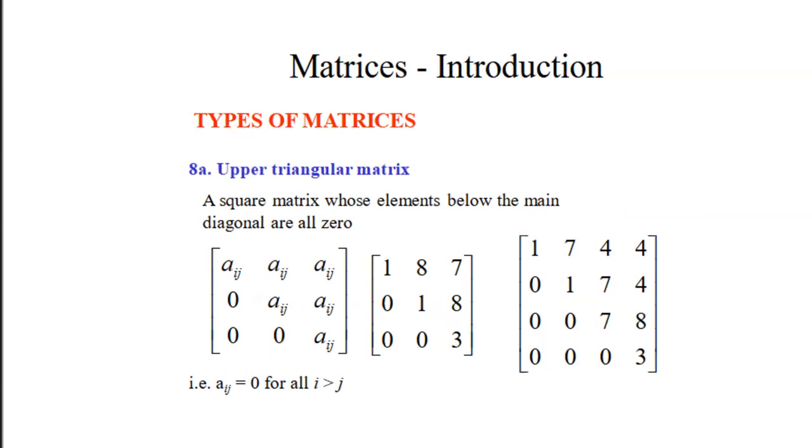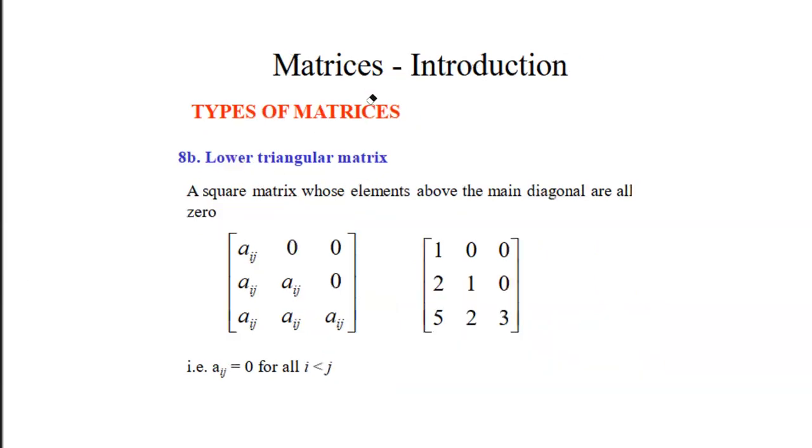All the ones below here are 0. So all these are the real terms, your elements that you're concerned with. So the upper part has numbers, the rest is 0. They call it upper triangular matrix, and then you guess the lower triangular matrix. What will happen? Up here you have zeros, and here is where you have numbers.